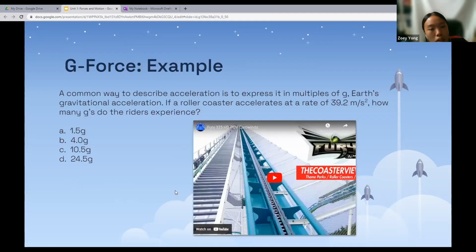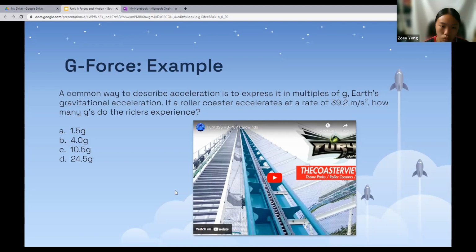A common way to describe acceleration is to express it in multiples of g, just the acceleration as a factor of g. Some things we use to describe acceleration in terms of g are roller coasters.